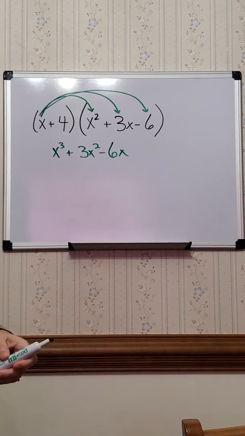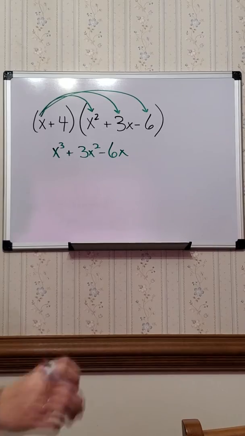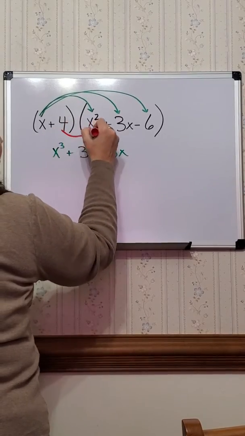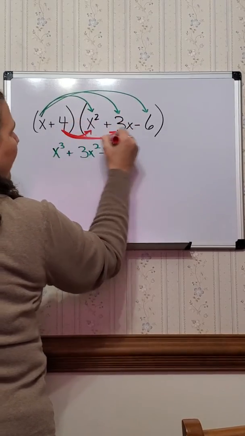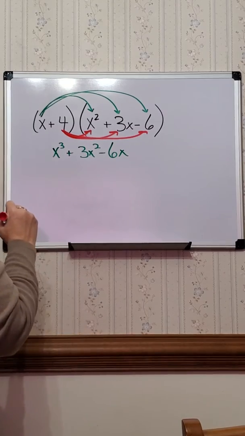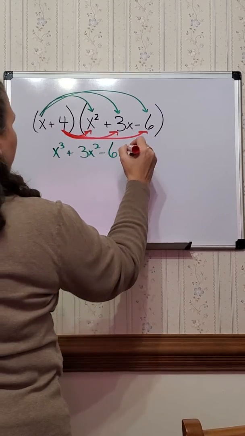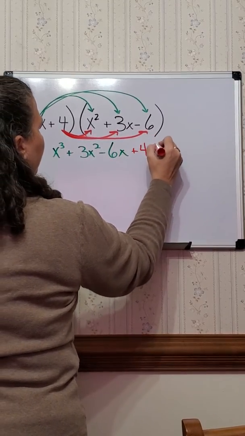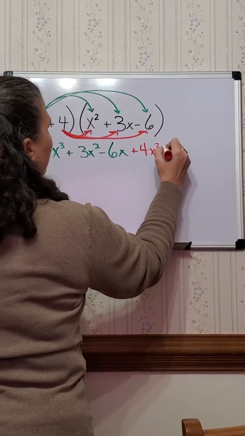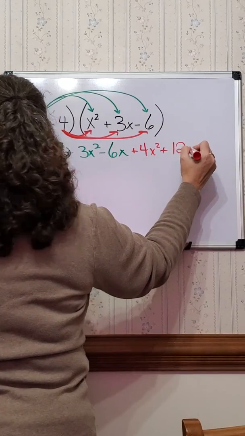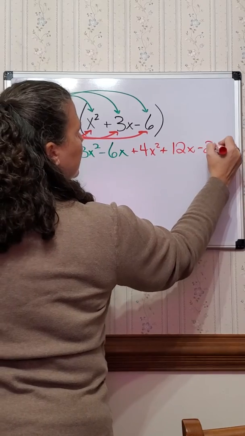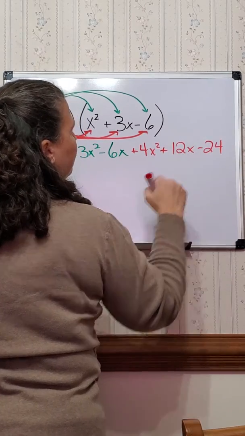Now I'm going to do the same thing, but this time I'm going to use the 4. And I'm going to distribute this 4 to each one of those. So when I do that, I'm going to end up with a plus 4x squared plus 12x minus 24.